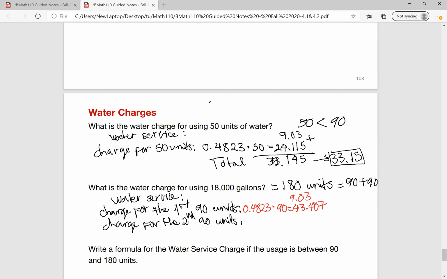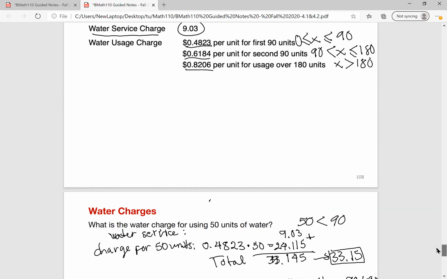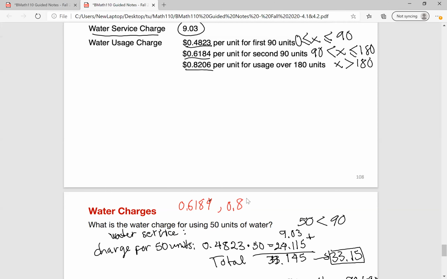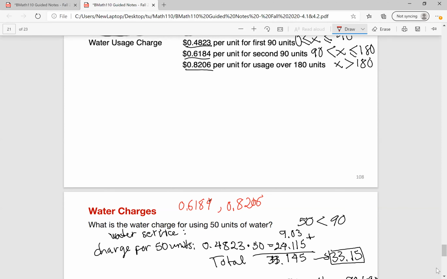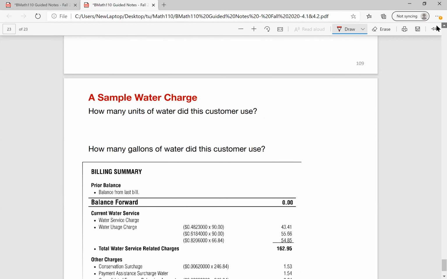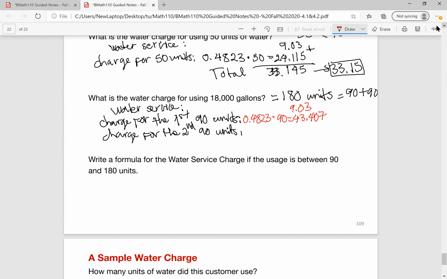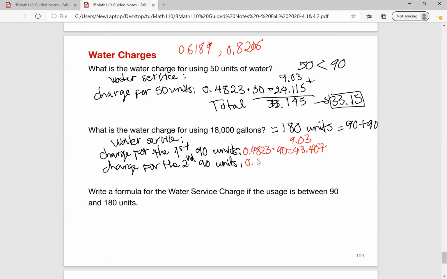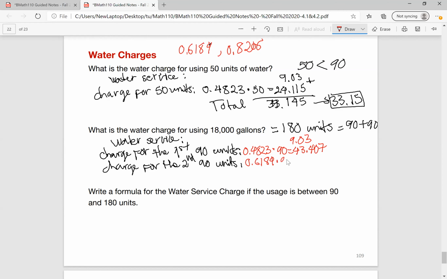Then for the second 90 units, what's the rate? It's going to be 0.6184. So we have 0.6184 times the second 90.